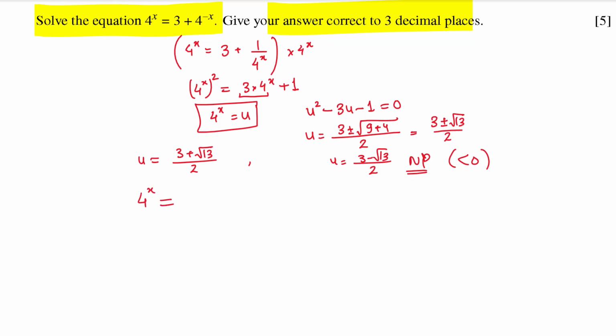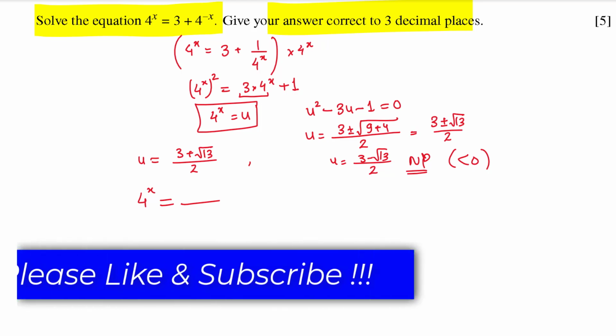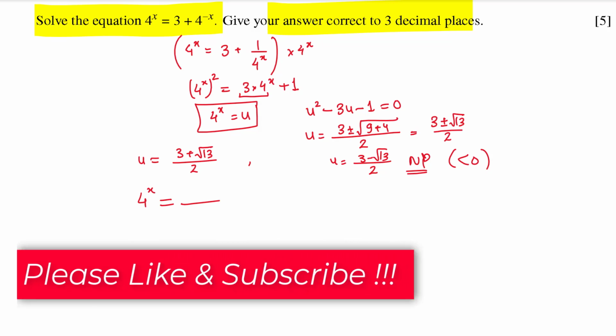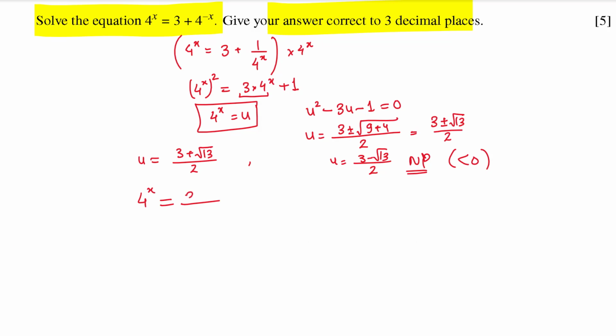So the only thing is this, so we'll write u again in the original form: 4 to the power x equals 3 plus root 13 divided by 2. In this form it is 3.3027, so I'll write it as 3.3028. 4 to the power x equals this, so use log, not ln, because here it is not e.